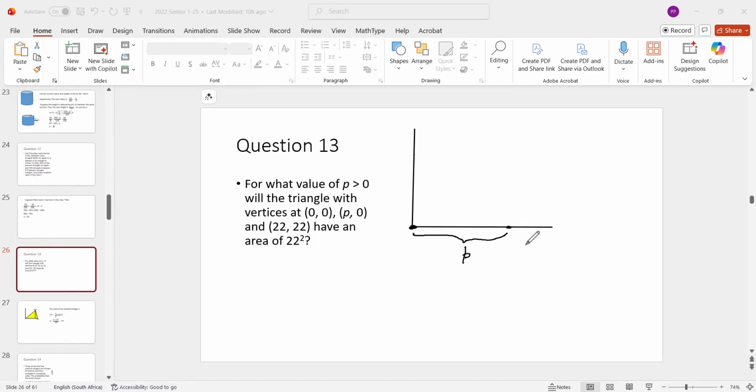It's along the x-axis. And then 22, 22. So the x-coordinate and the y-coordinate are the same. So let's just put it somewhere here. Okay, now what does this mean? It means that the y-coordinate is 22 and the x-coordinate is also 22.